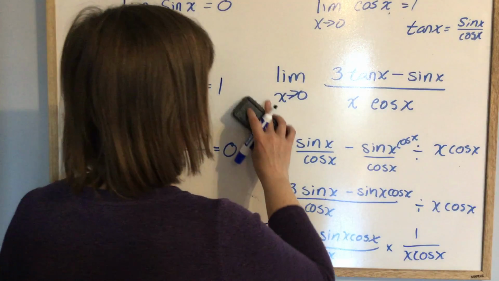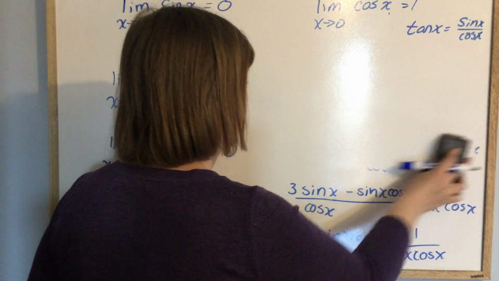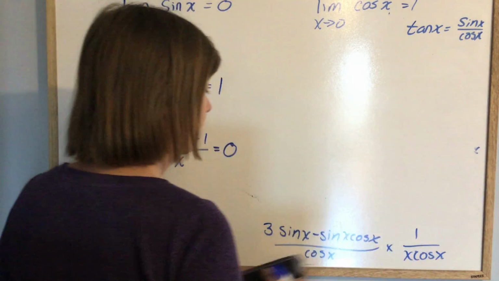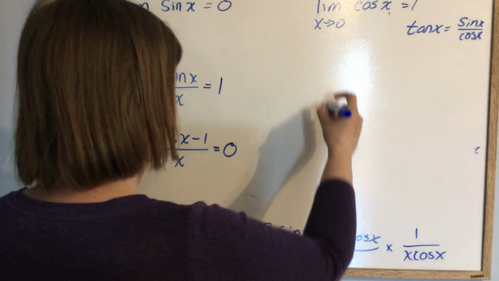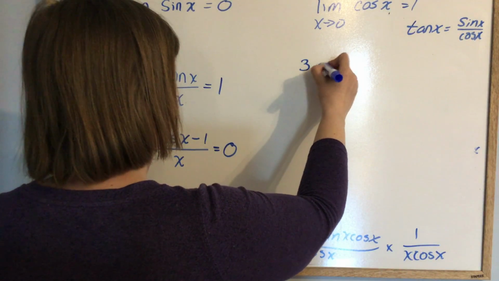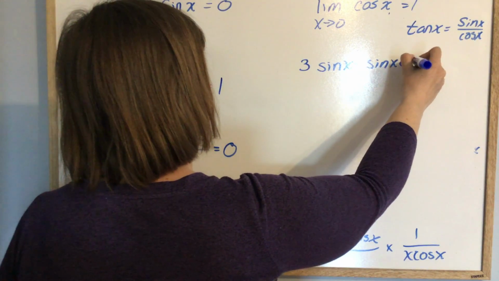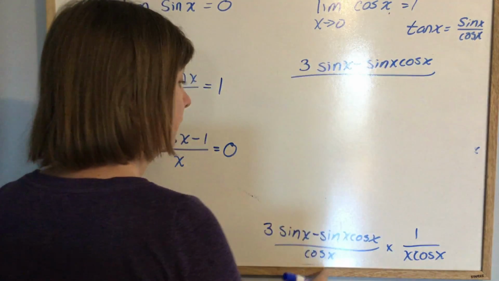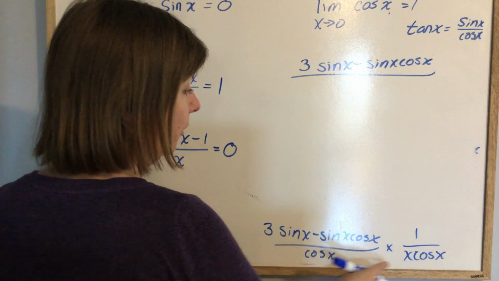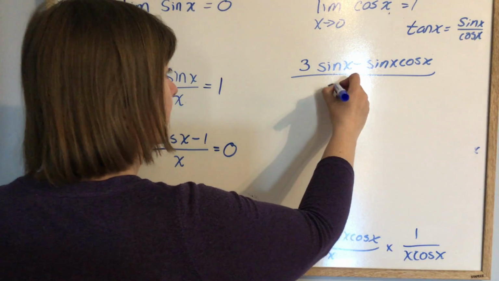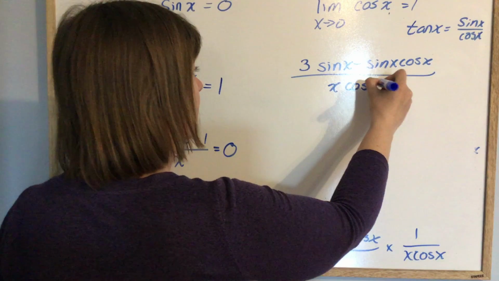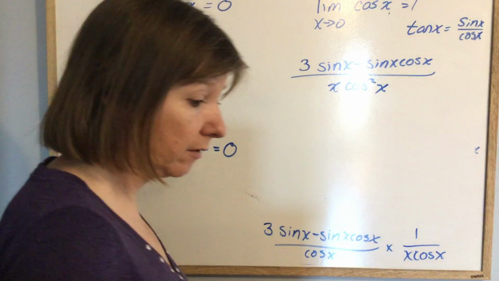So I'm going to go back up here. On the top I have 3 sine x minus sine x cos x. On the bottom I would multiply cos x times x cos x, and that would give me x cos squared x.